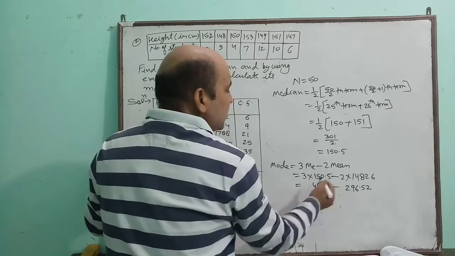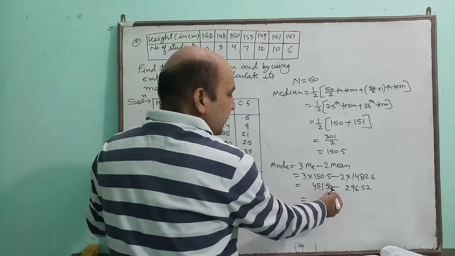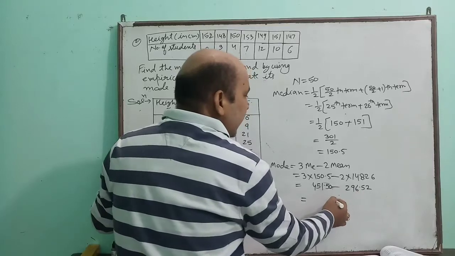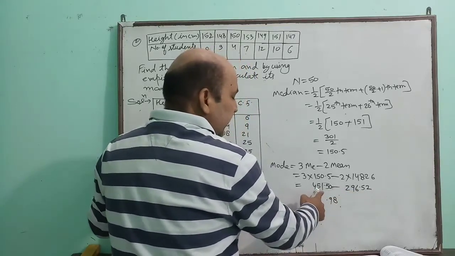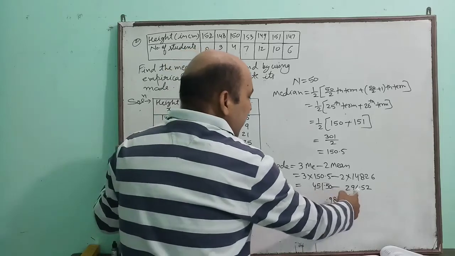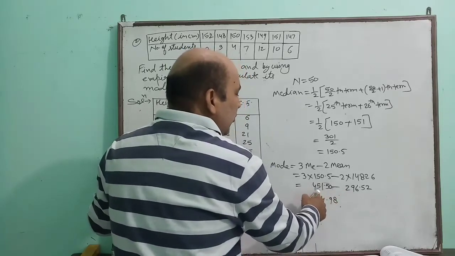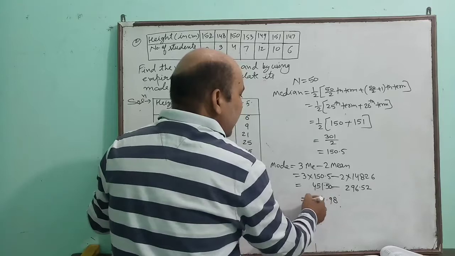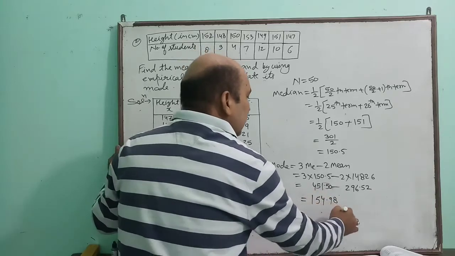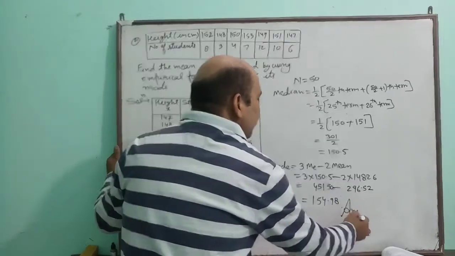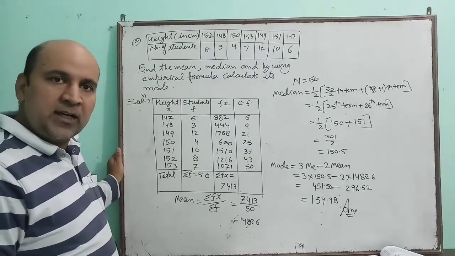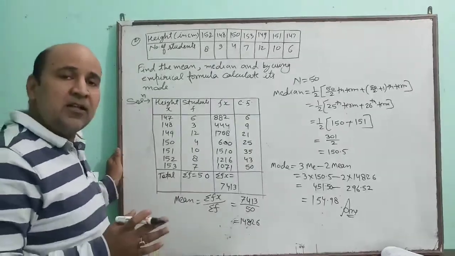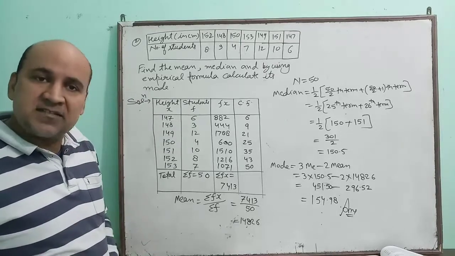So increase a 0 and then subtract it. 10 minus 2 is 8, 14 minus 15 is 9. Here will be 0 then. So 10 minus 6 is 4, 14 minus 9 is 5, 3 minus 2 is 1. So 154.98 is the mode. Okay, you must practice well so that you can perform well in the examination.